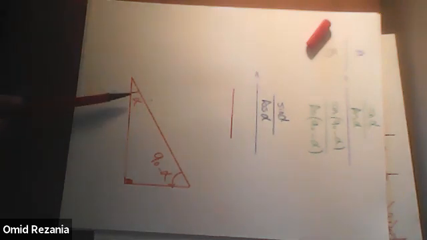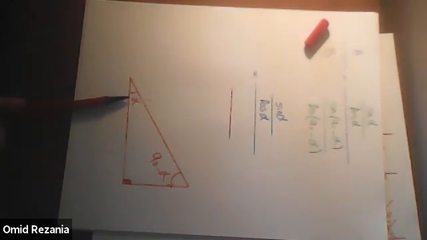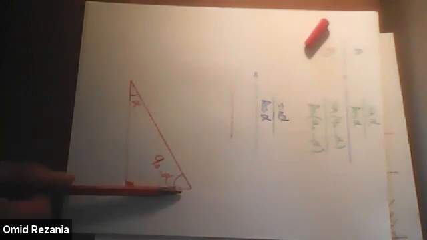Then the sine of 90 minus alpha becomes the cosine of alpha, and the cosine of 90 minus alpha becomes the sine of alpha. You got what happened? Yes.